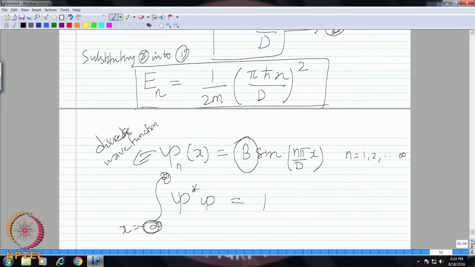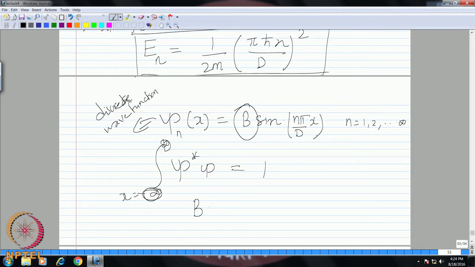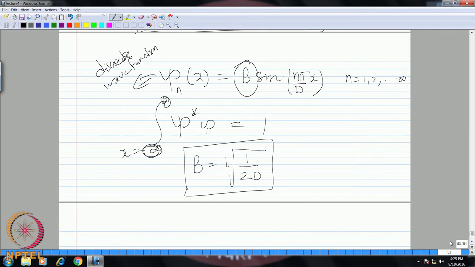The value of B should turn out to be the imaginary number i times the square root of 1 by 2D. So, this is how it turns out. You can just do this as homework, use the properties of trigonometric functions and check whether you get this value of B.